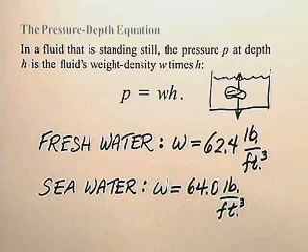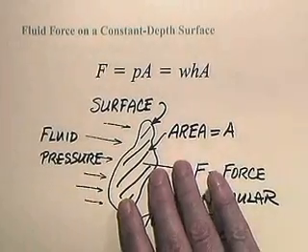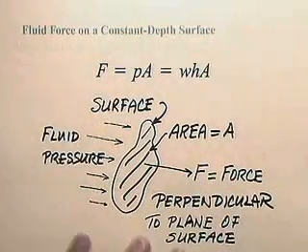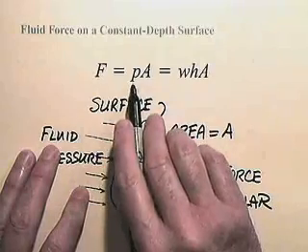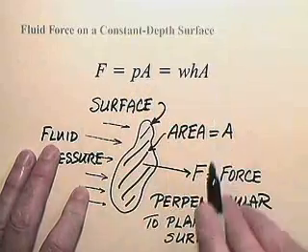Well, let's look at how we use the relationship between force and pressure in this situation. Remember, the force on a surface due to pressure is simply the pressure times the area of the surface.